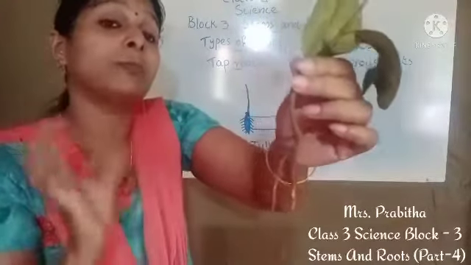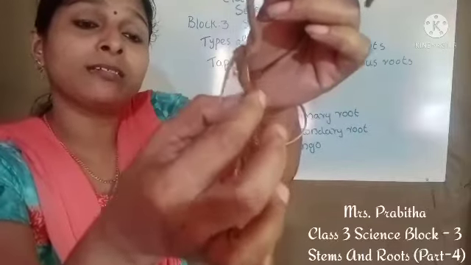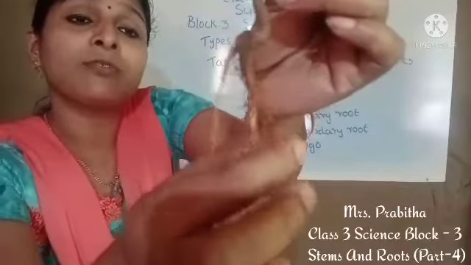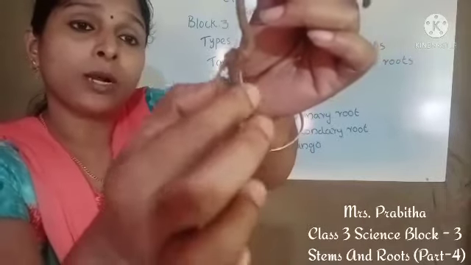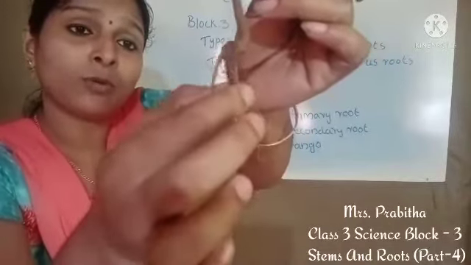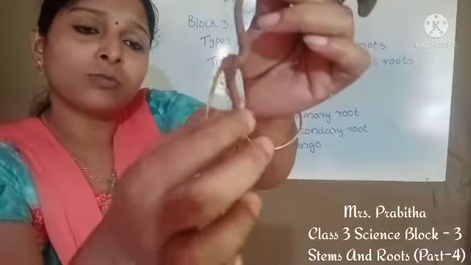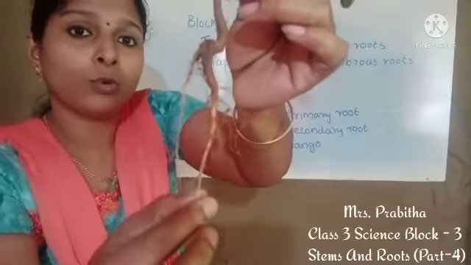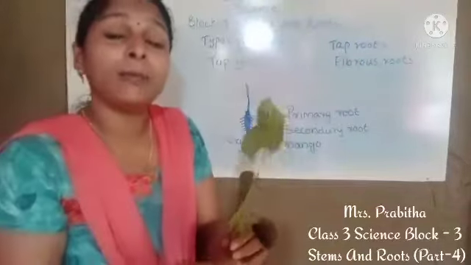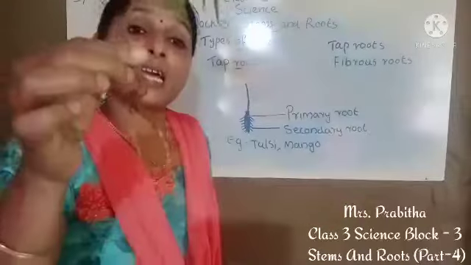The thick primary root we can see, and the small roots are secondary roots.